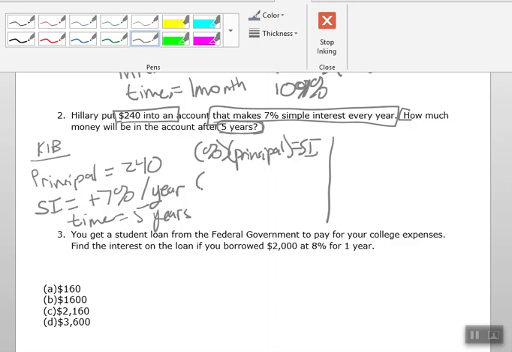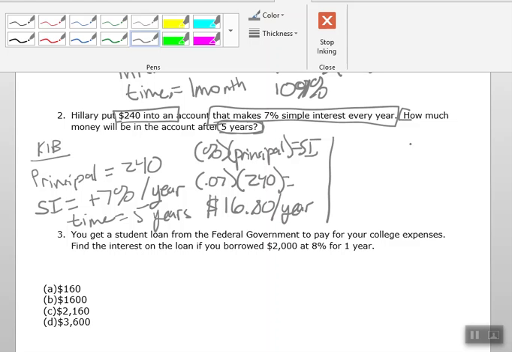So my percent is 0.07 times 240, which is equal to $16.80 per year. So this account with simple interest is earning $16.80 per year.